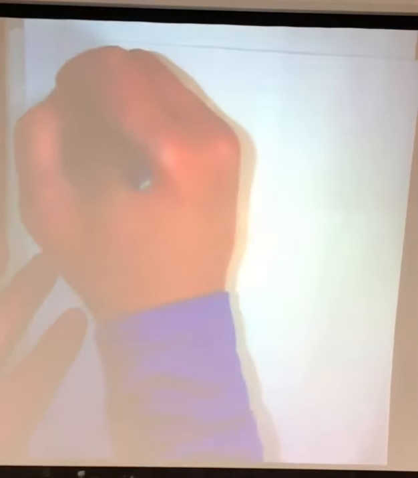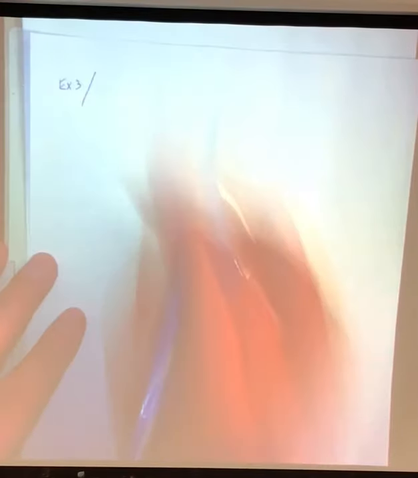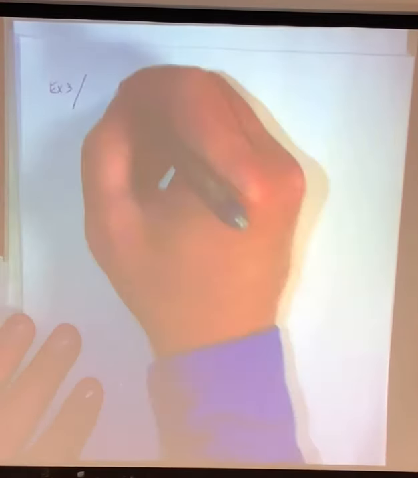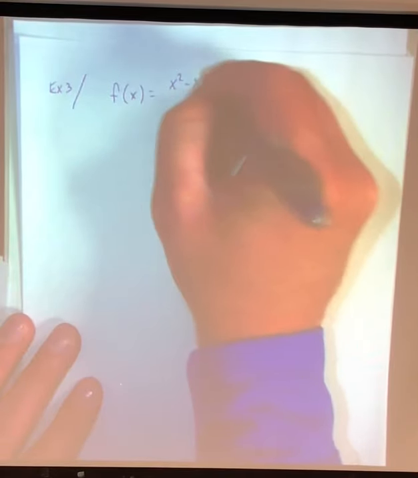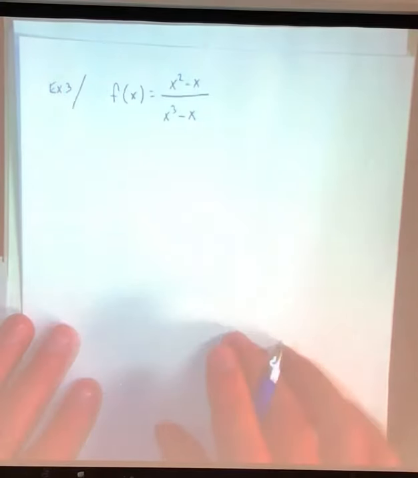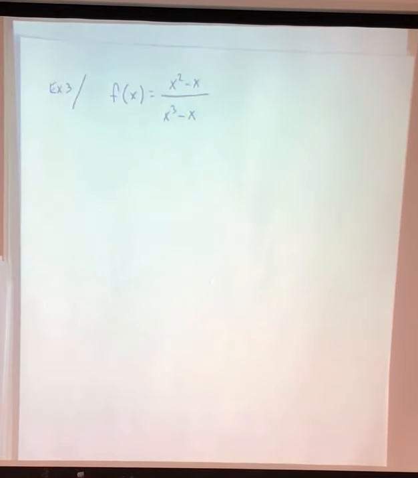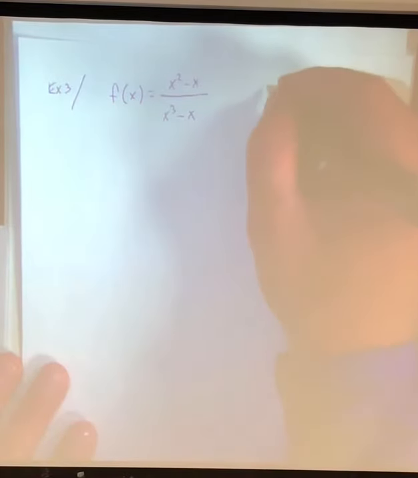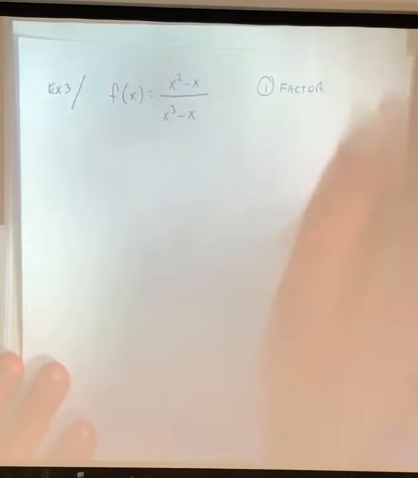Example 3. f of x equals x squared minus x all over x to the third minus x. First one we're going to factor.